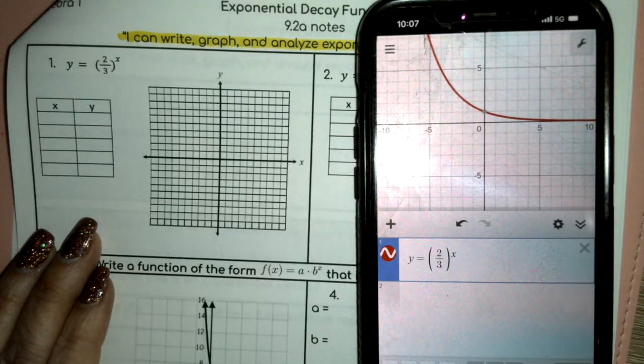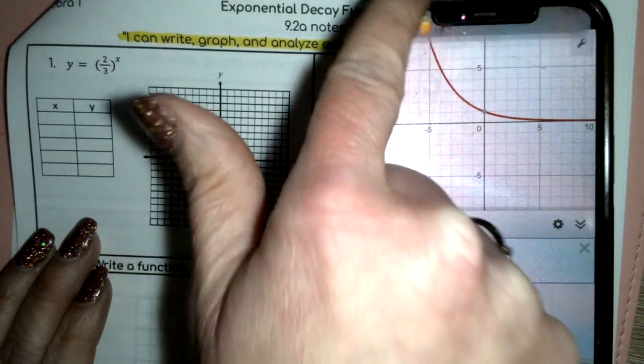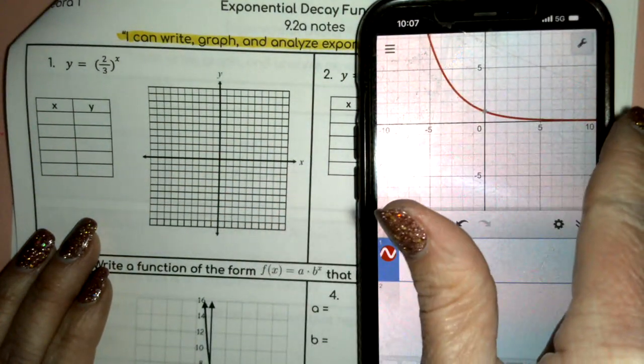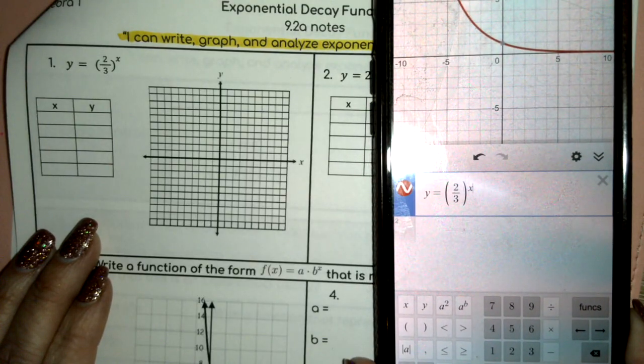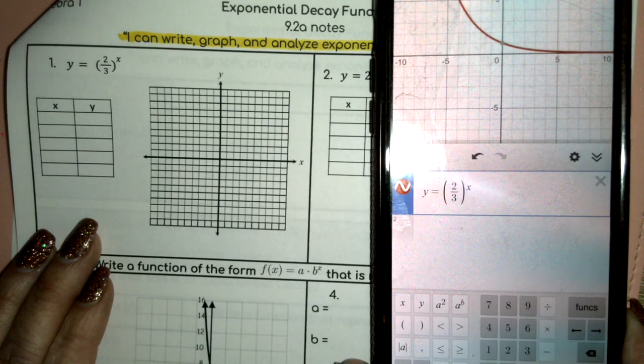And notice the graph. This time it comes down from the left and it goes to the right. So that's what we called an exponential decay function.